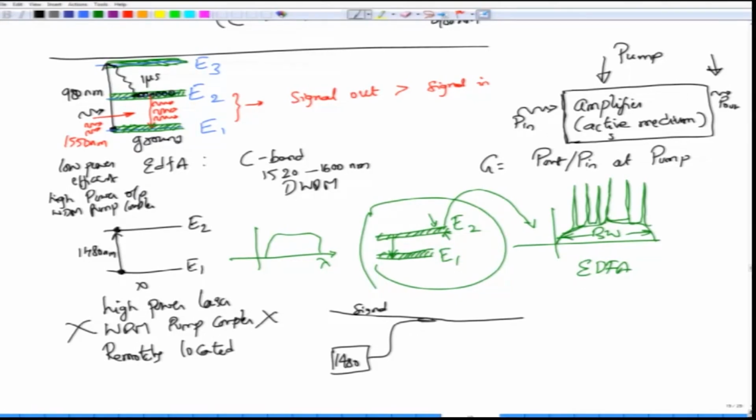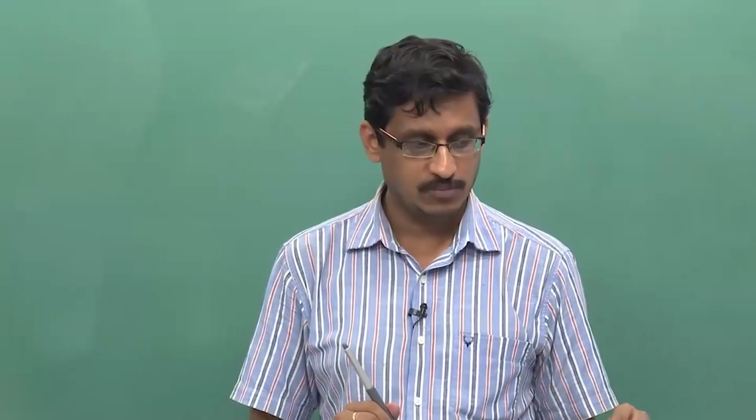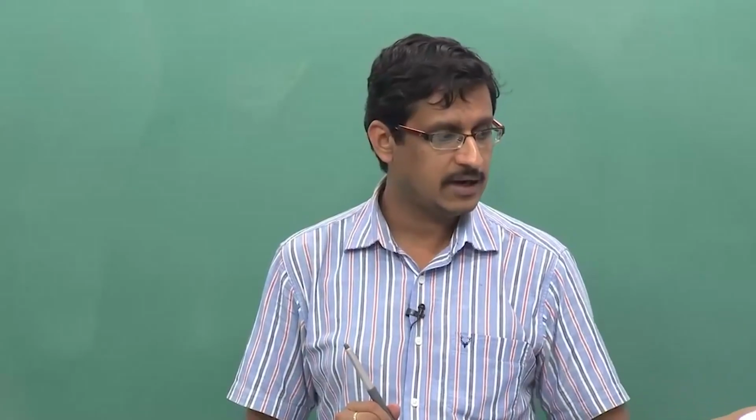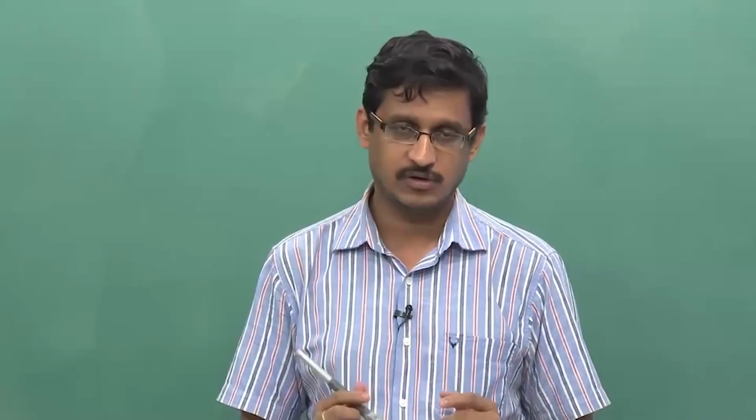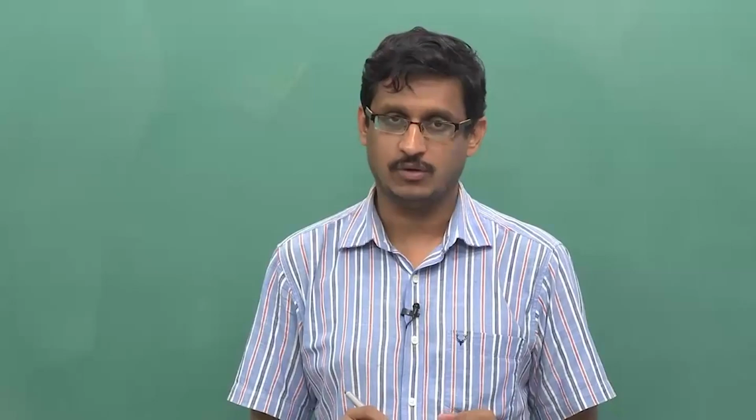No special pump coupler is required; an ordinary coupler is sufficient, and if you put in an erbium doped fiber here, it would nicely amplify the signal input to generate the amplified signal output. So, this is all about the erbium doped fiber amplifier. We are going to stop discussing this and come back to the other aspects of erbium doped fiber in the next module. Thank you very much.